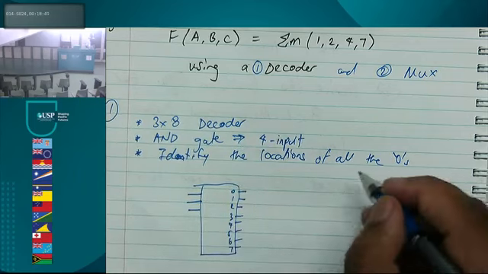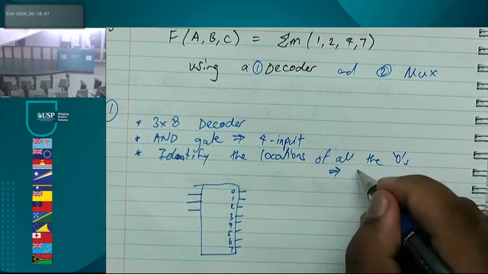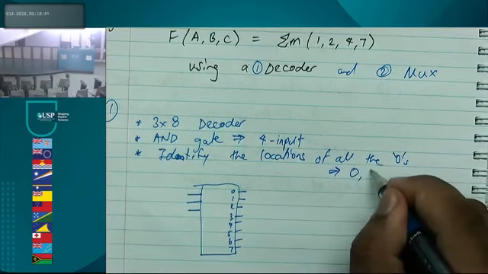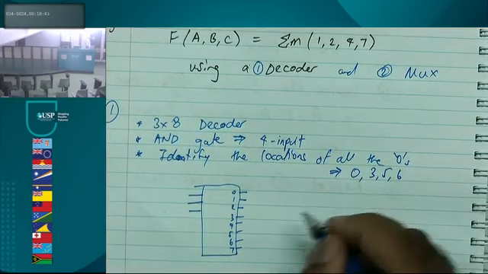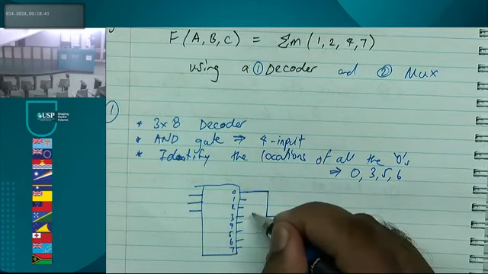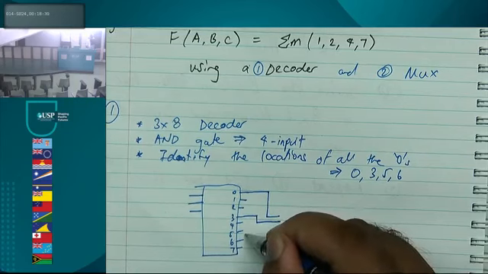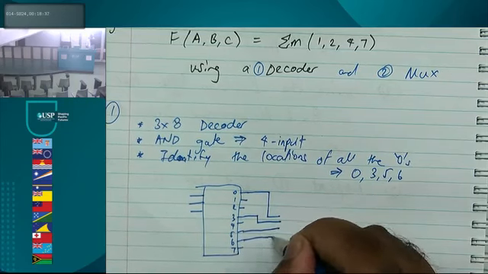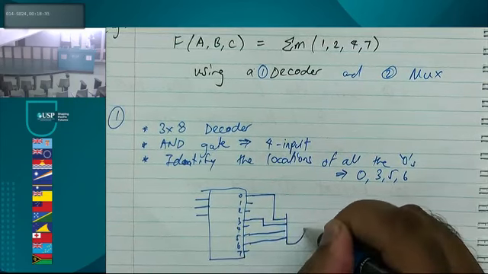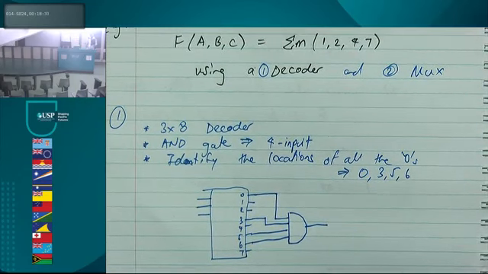Where are the zeros located, guys? Address 0, 3, 5, 6. And then you will put an AND gate. That's how you do it. Simple as that. So you look for the zeros.